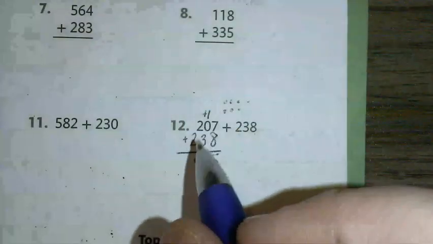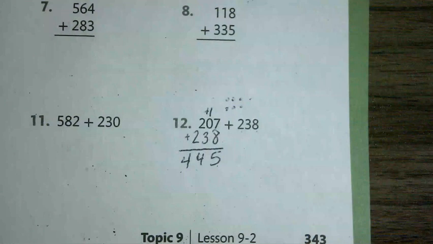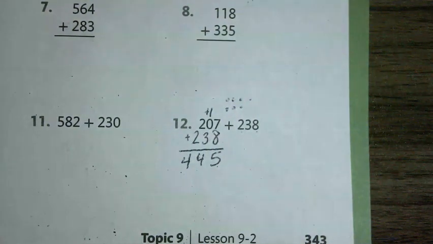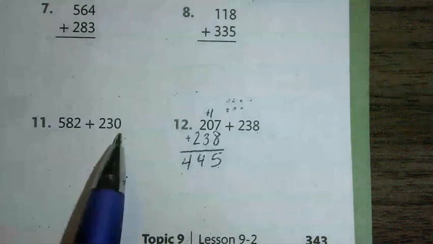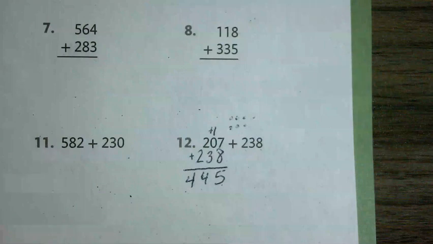And lastly, I've got 2 plus 2. Well, that's a doubles fact, which is a 4. So my final answer is 445. It doesn't need to scare us if they are written horizontally. We can stack them on top of each other and still solve it.